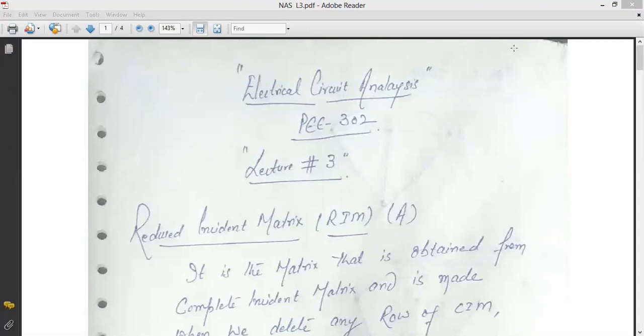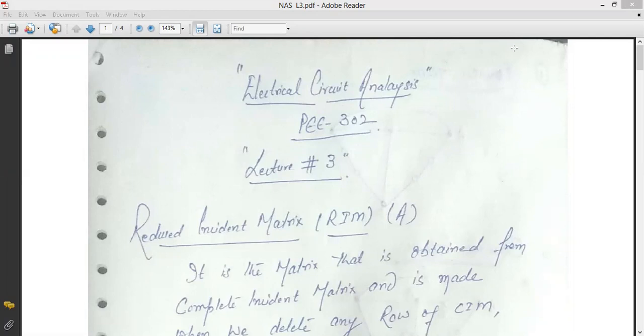In an ordinary graph, the direction of the current is not marked, but in an oriented graph, the direction of the current is mentioned as well as marked. This is the main difference between the ordinary graph and the oriented graph. After that, we discussed how a complete incident matrix, denoted by CIM, capital A, small a, is obtained.